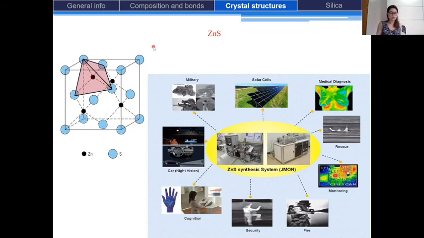So here you have some applications of a zinc blende material: in the military area, in solar cell panels, in medical diagnosis, in monitoring, and so on. So you have an idea of where this material is used.